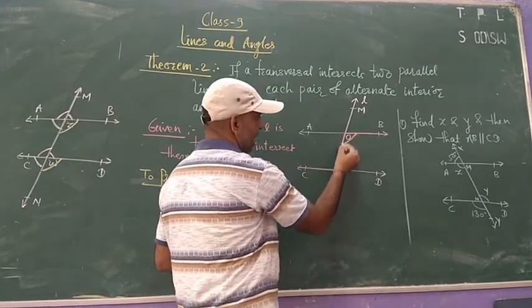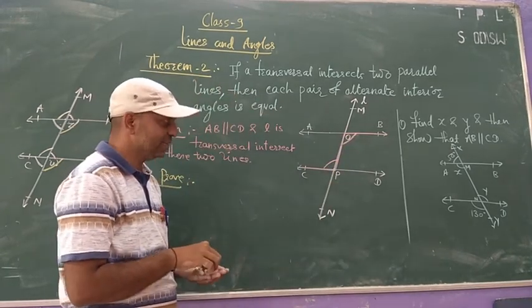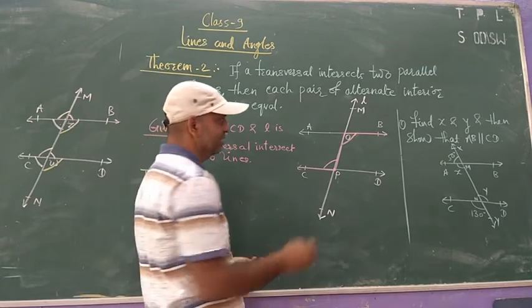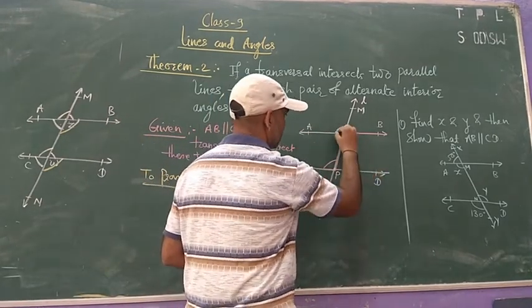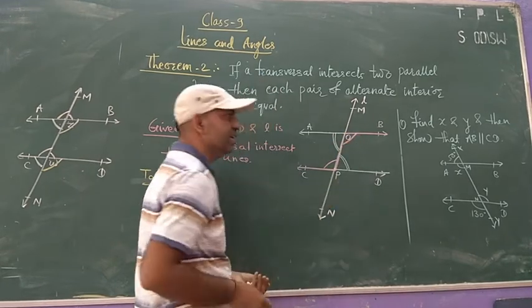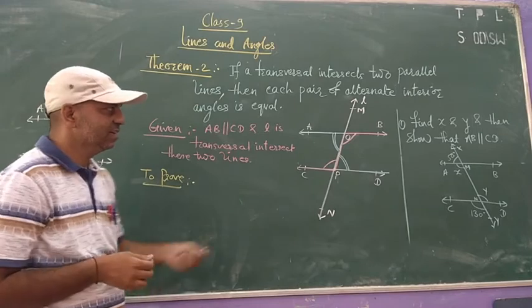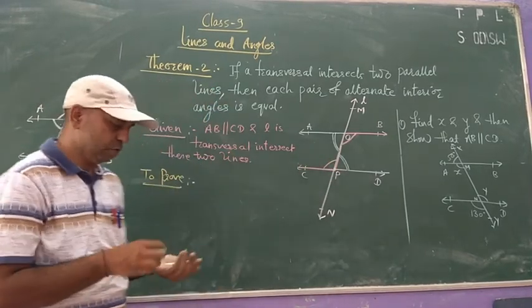So these two angles are alternate interior angles. Again, there is one more Z there. This Z. So these two angles are also alternate interior angles. So we have to show that these two angles are equal and these two angles are equal.